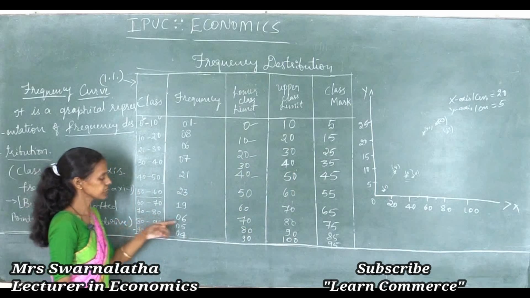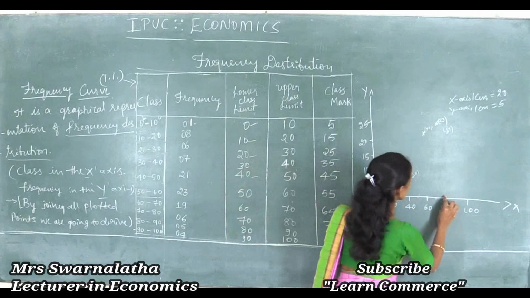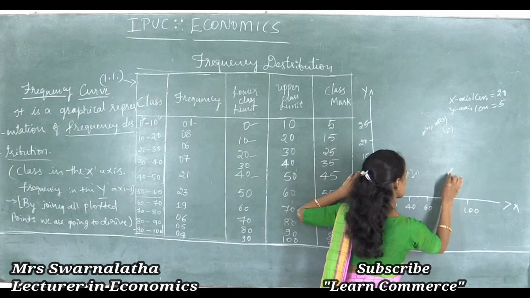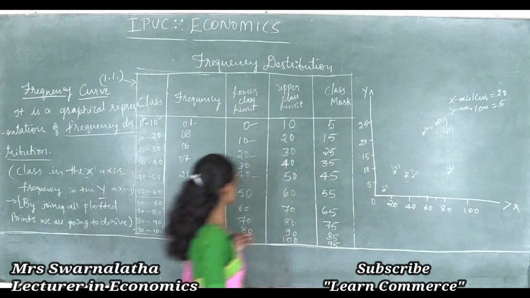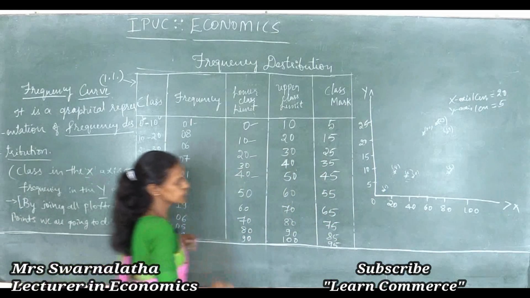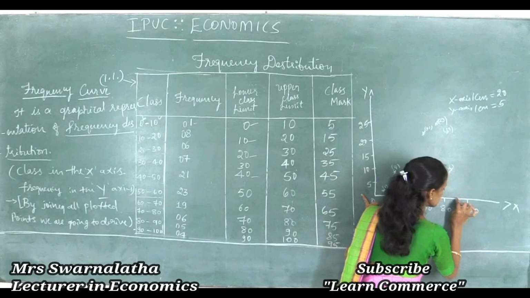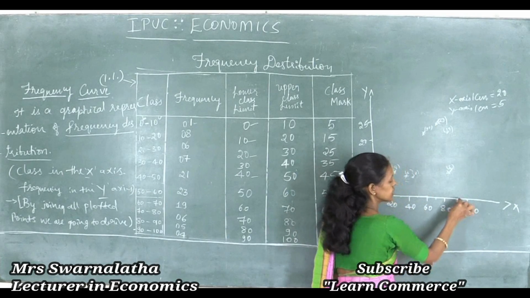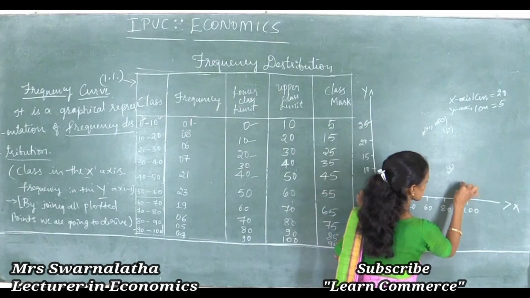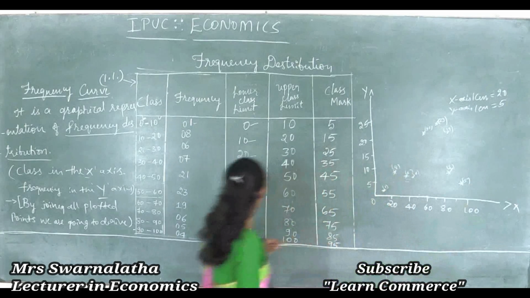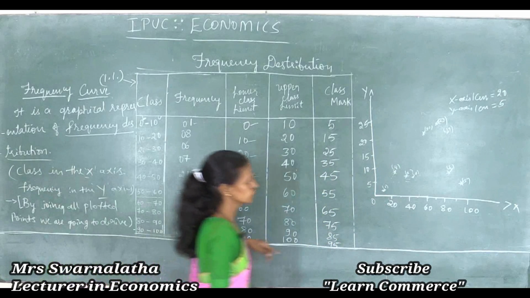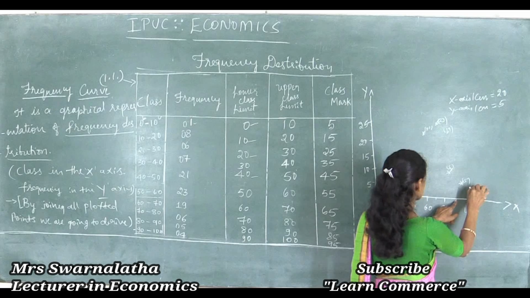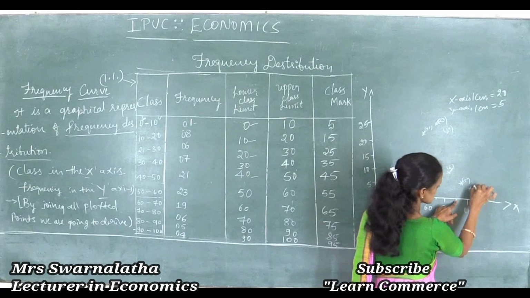Next 70 to 80 has 6. 80 to 90 has 5; 90 lies in between 80 and 100. 90 to 100 has 4.